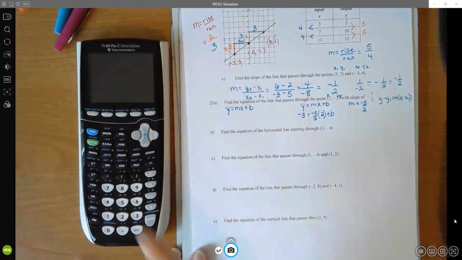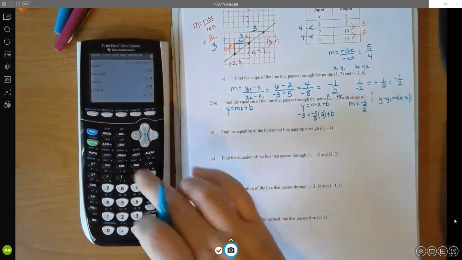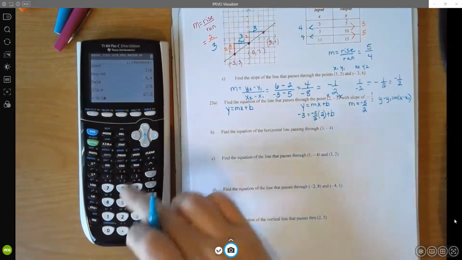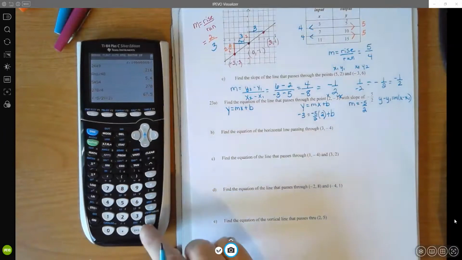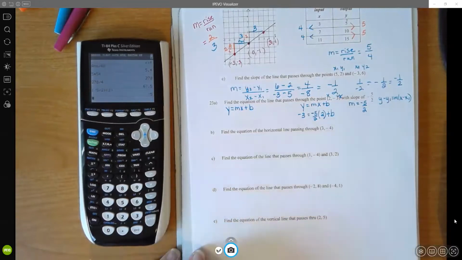I'll turn my calculator on. My calculator's running low on batteries, so some of this I'm doing in my head. You can do it in the calculator. -5/2 times 2. Notice I put the fraction in parentheses and the 2 in parentheses. It's not necessary, it just makes it look better.